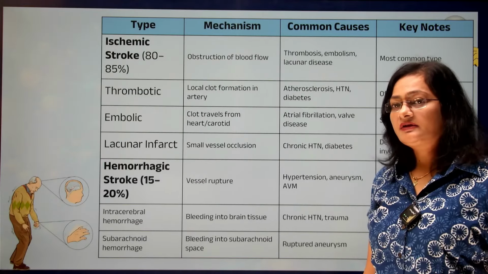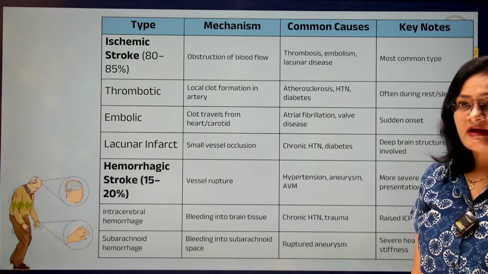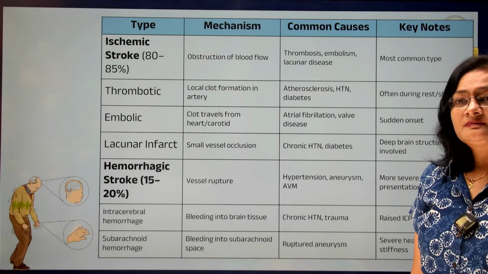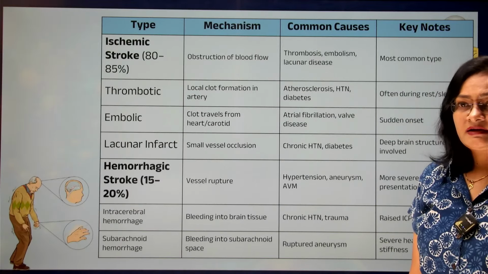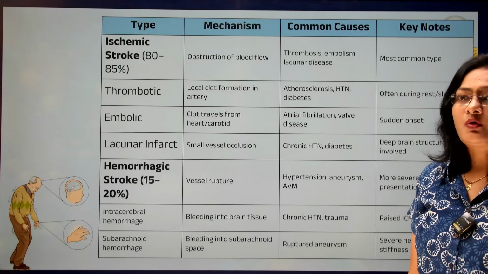Common causes for thrombotic stroke will be the thrombosis, embolism or lacunar disease. Then the predisposing factors which will result in this type of stroke will be hypertension, atherosclerosis, diabetes. Sometimes it may be because of arterial fibrillation or valvular heart disease, or it may occur in chronic hypertension or diabetes.